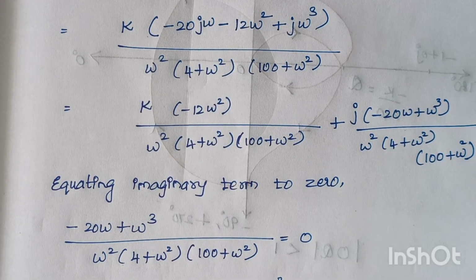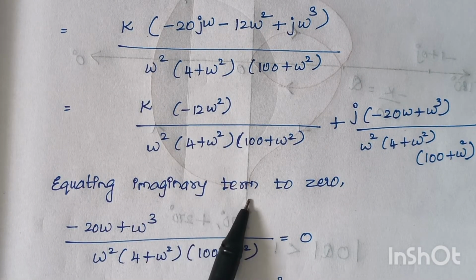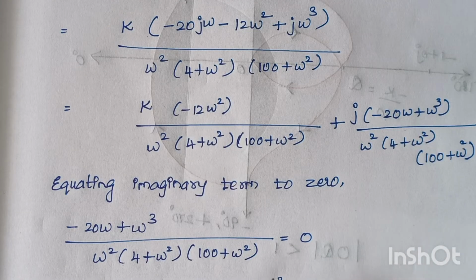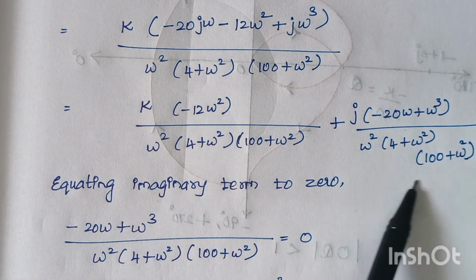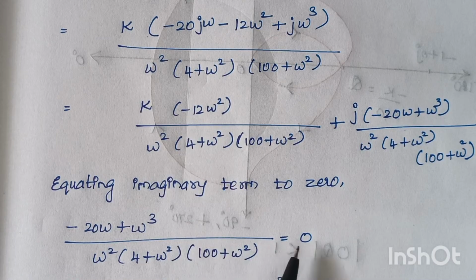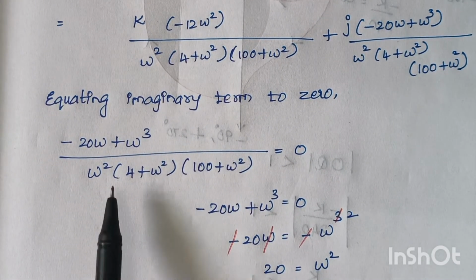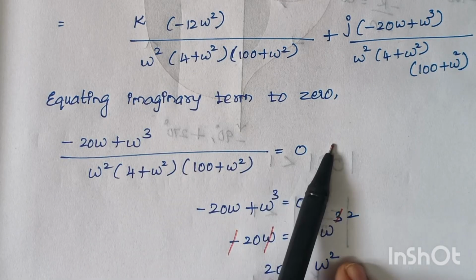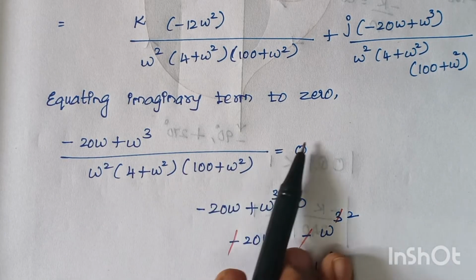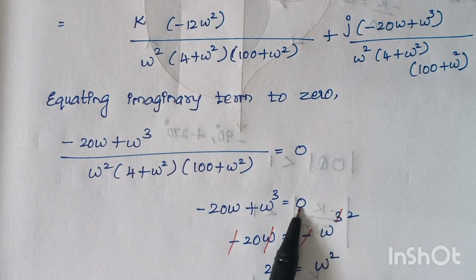Then the next thing is equating the imaginary term to 0. When you equate the imaginary term, this is our imaginary part, right? I am equating it to 0. So what happens? When you move this denominator term to the right hand side, these terms when multiplied by 0 become 0.